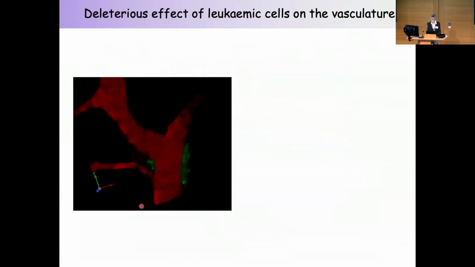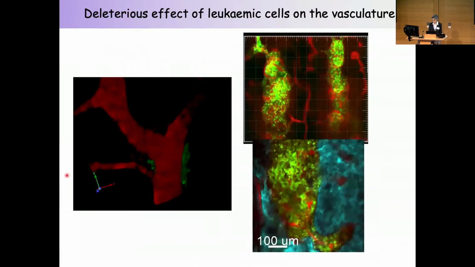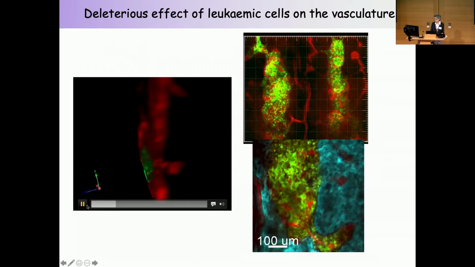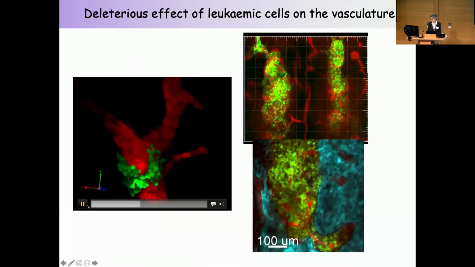And what we saw actually is that the leukemic cells really like to be growing on top of the vessel.